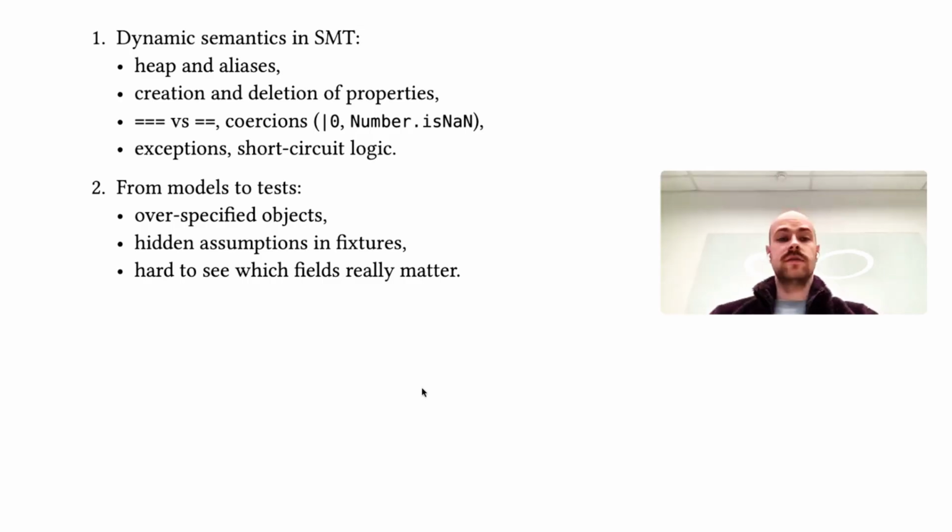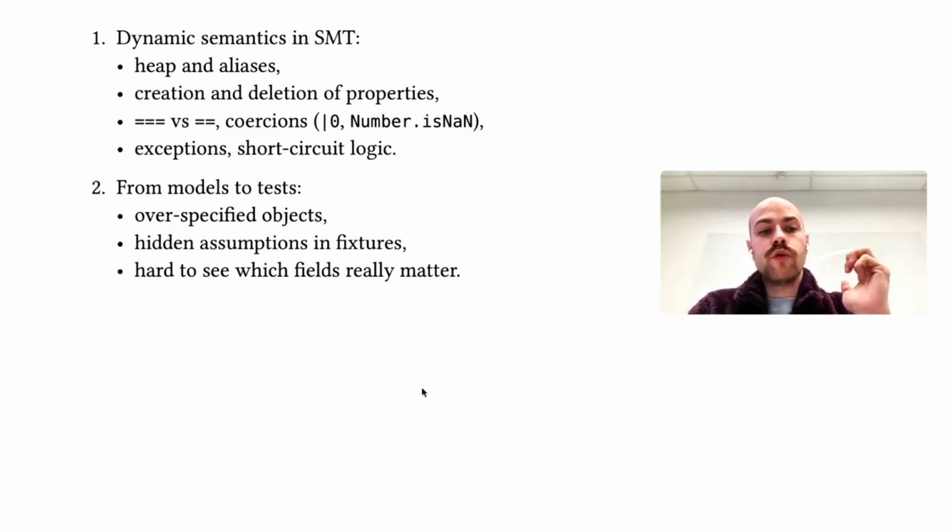And now let's go to the main two practical problems we want to solve. The first one, as I mentioned, is to encode dynamic semantics into SMT. So what do we need to encode? Heap and aliases. We want to create a symbolic representation for heap memory.